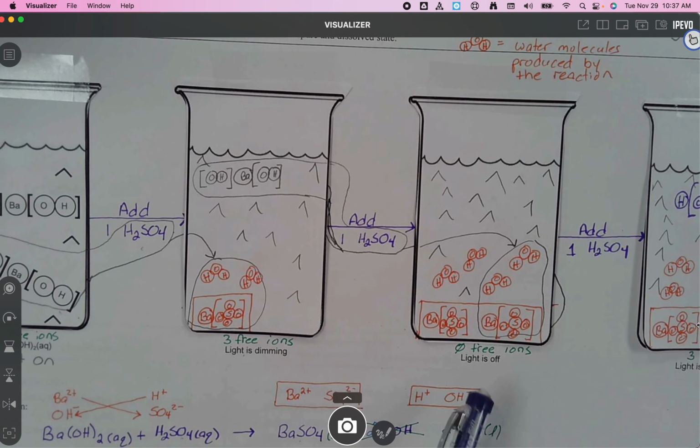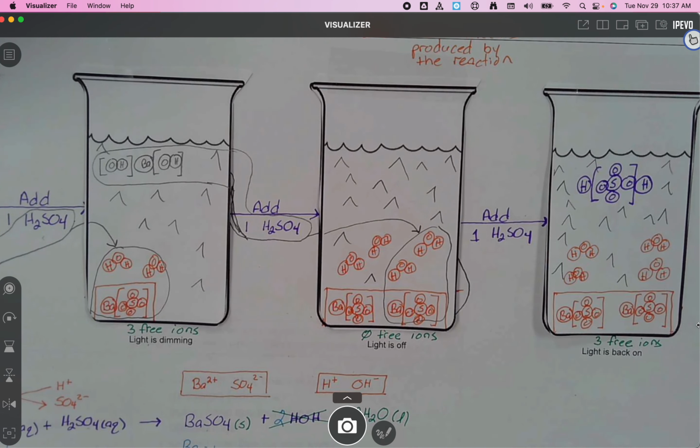Here the light goes off because the thing that we had that was conducting electricity is now all gone. And here, when we add too much, we bring in something else that conducts electricity, and therefore the light comes back on again. So we can make it as a simpler argument as well.